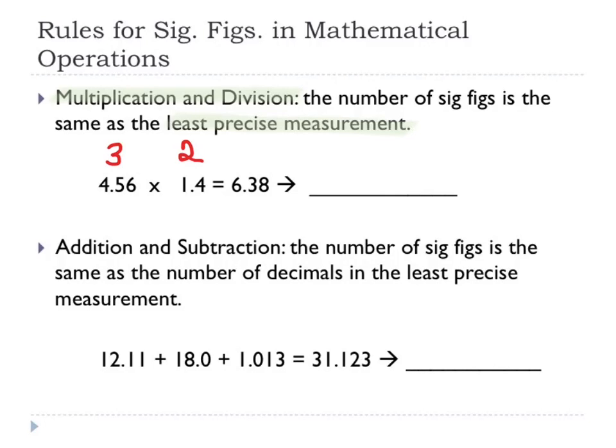My answer needs to be to the least precise measurement, which is going to be 2 significant figures. So we're going to have to round this. The 8 rounds my 3 up, and our final answer is going to be 6.4. Okay?